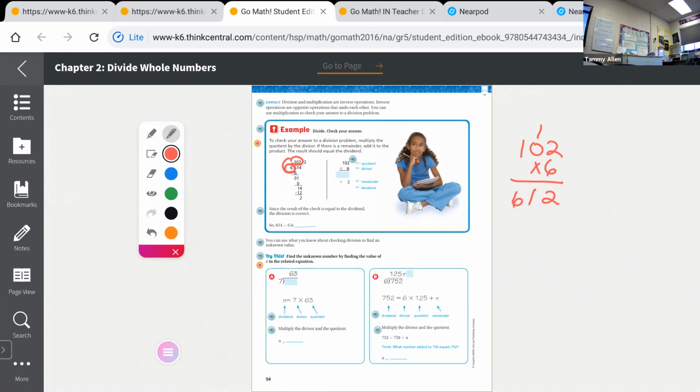But then we also have a remainder of 2, so we need to add on that 2. So that's 612 plus that remainder of 2, and that gives us what we started with, 614. Questions on that? Peyton, I'll give you one more chance, and then you won't have a chair.